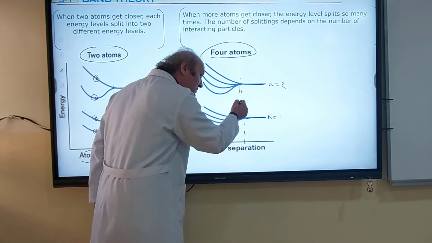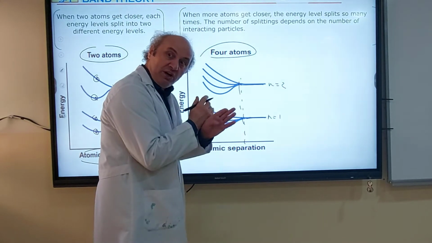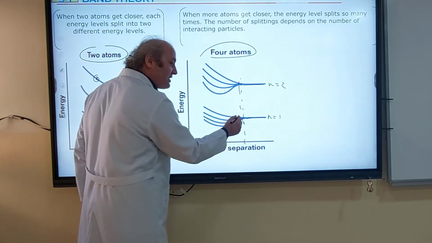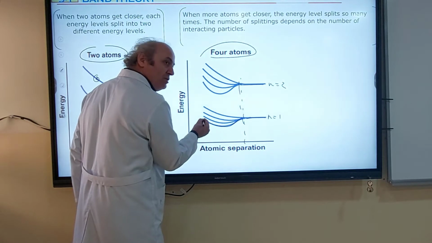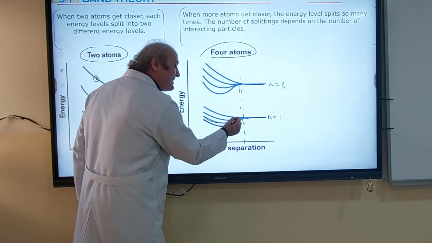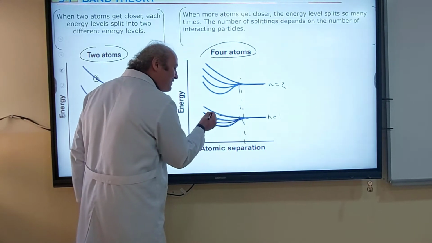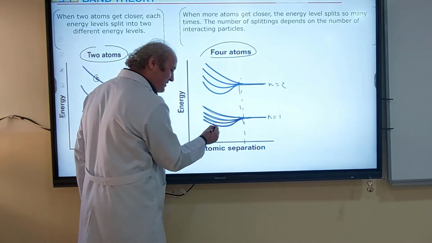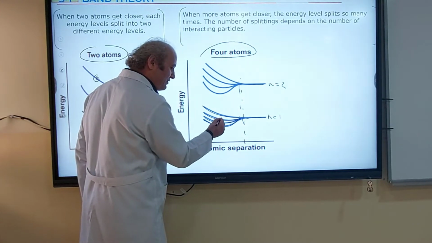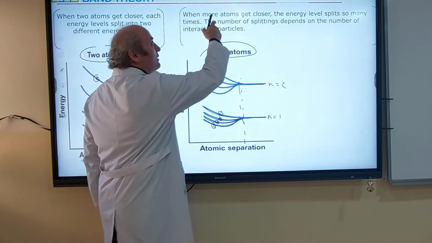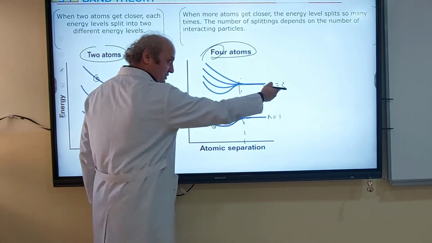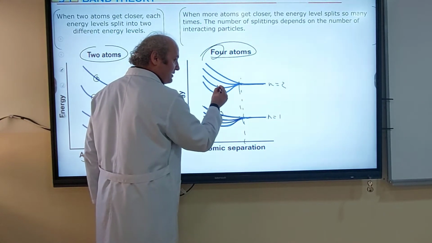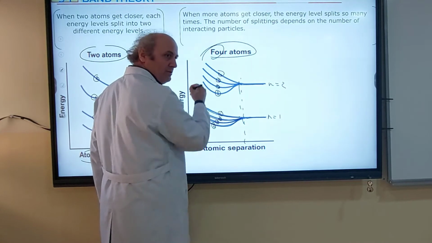But after some distance, when they get closer and closer, n equal to 1 starts to split into 4 slightly different energy levels, one for each of the 4 atoms. The same happens for the second energy level.